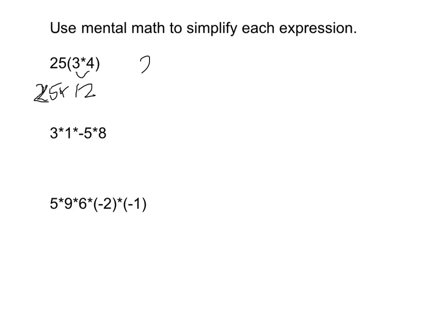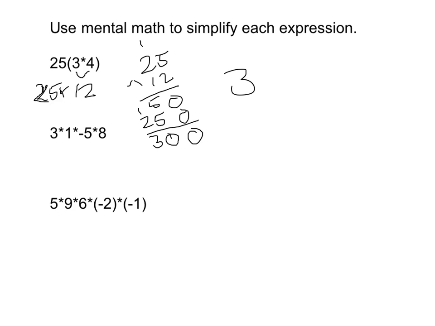So 25 times 12. 2 times 2 is 4, plus 1 more is 5. Add my 0, bring down my 5. 2 times 1 is 2. 0, 0, 3. My answer is 300.